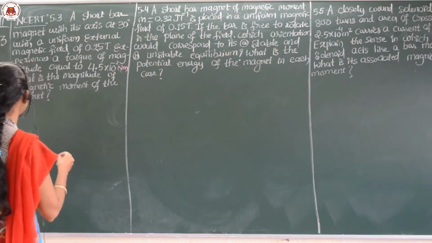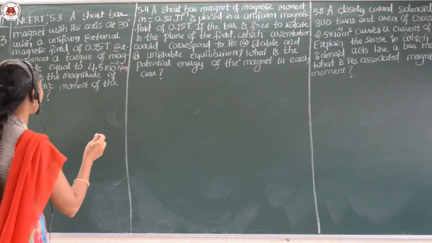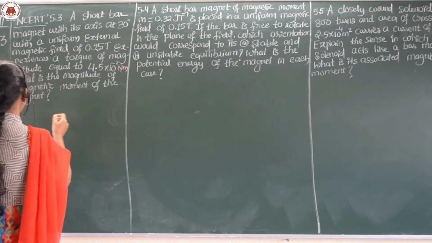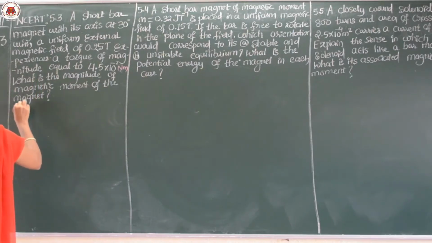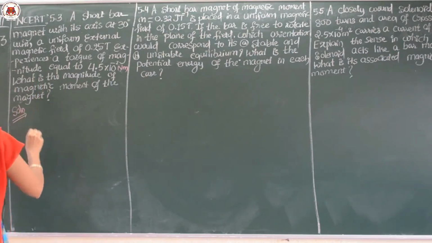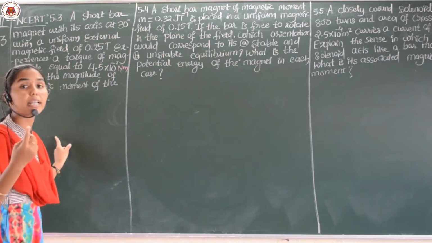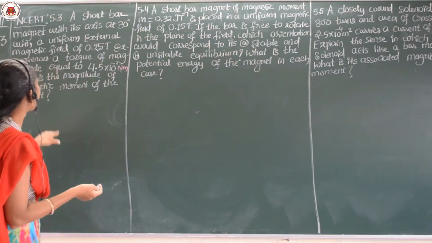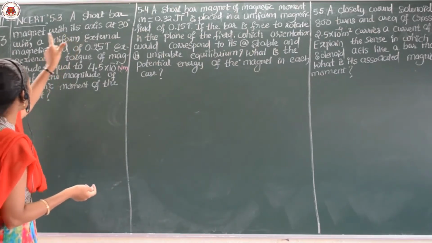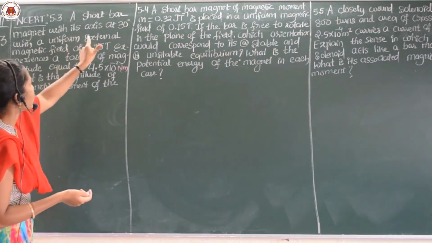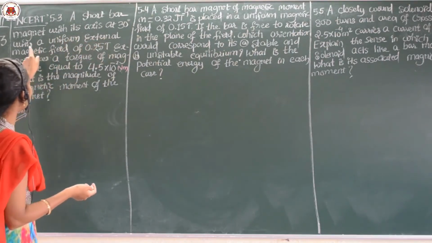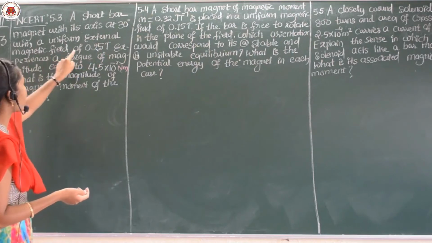Whenever a numerical is given, dear student, you should read it at least twice. So here, what is the concept? A short bar magnet makes an angle of 30 degrees with a uniform external magnetic field.